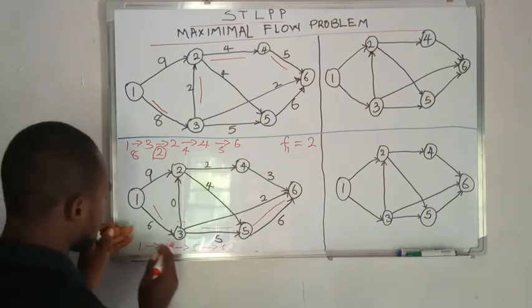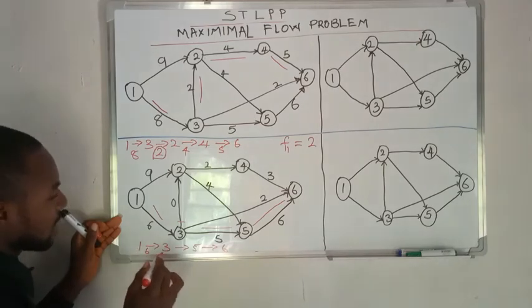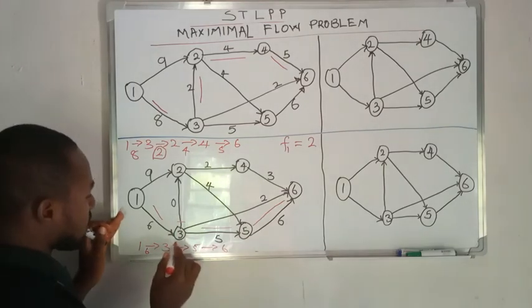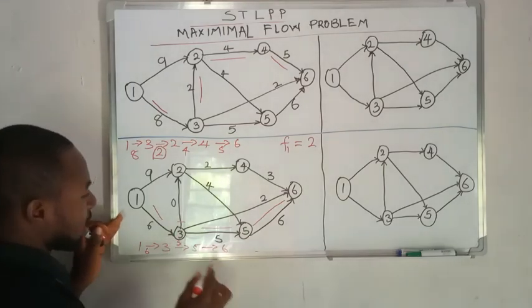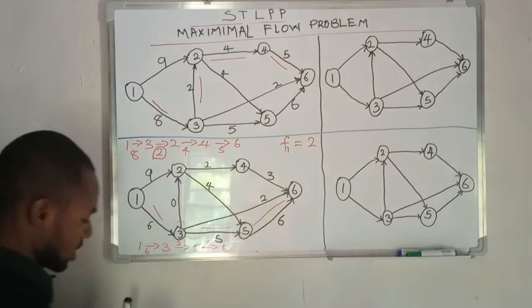So right here from 1 to 3, we have 6 capacity, from 3 to 5 we have 5, and from 5 to 6 we have 6.